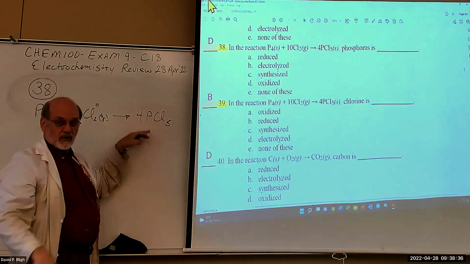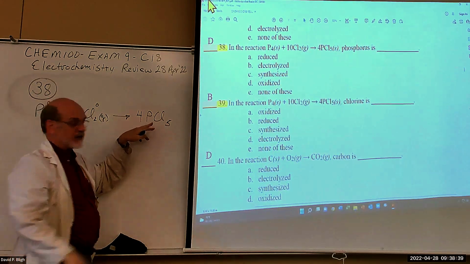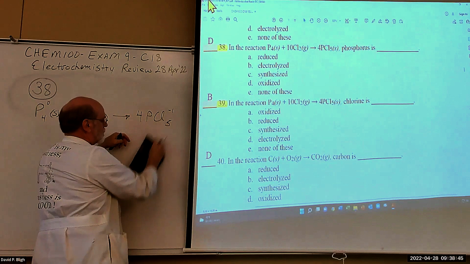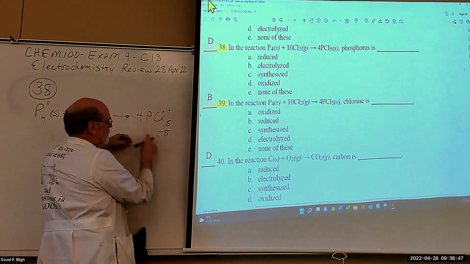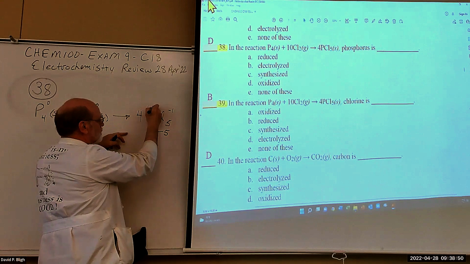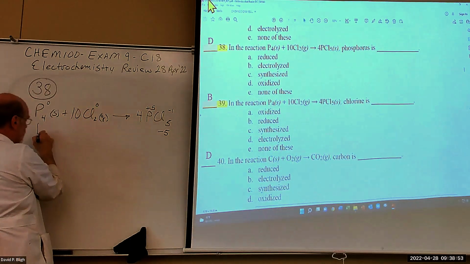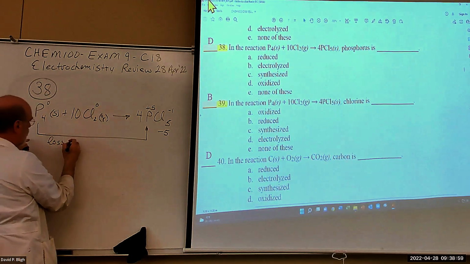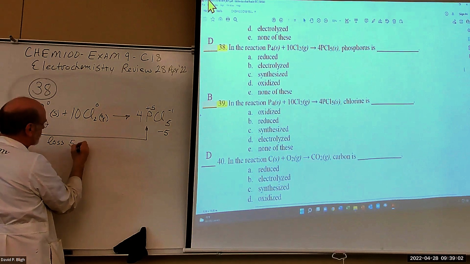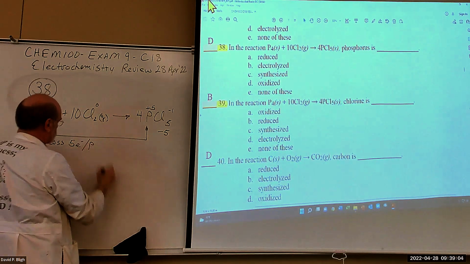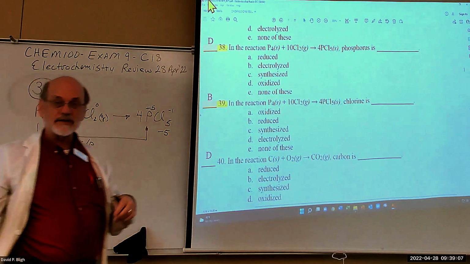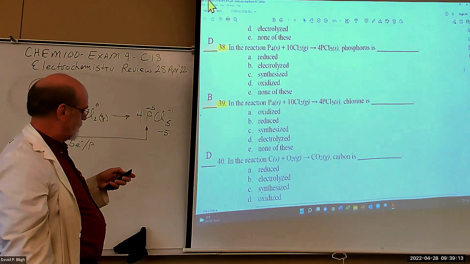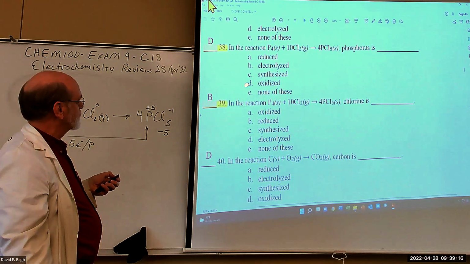Okay, we're going to have to assume that chlorine, in this case, is -1 oxidation state. Otherwise, we're stuck. So that means this phosphorus has to balance those 5, so it's a +5. So we're going from here to here, and we had a loss of 5 electrons per phosphorus. Right? So oxidation is loss. So phosphorus is oxidized.